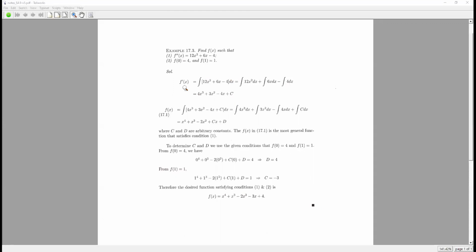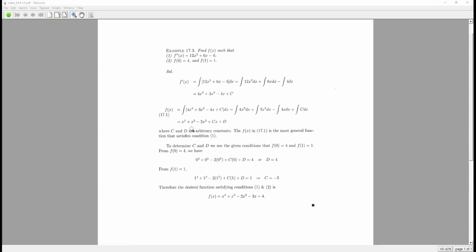To recover function f from this equation, the derivative is this polynomial. So function f is the indefinite integral of this polynomial. By the summation and subtraction formulas, I can write this integral as a sum and difference of these 4 smaller integrals.